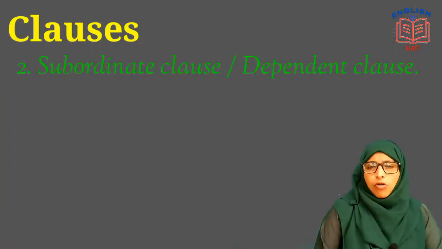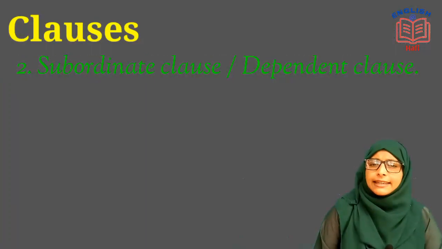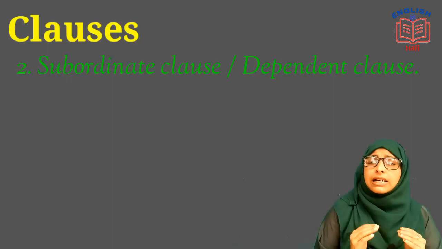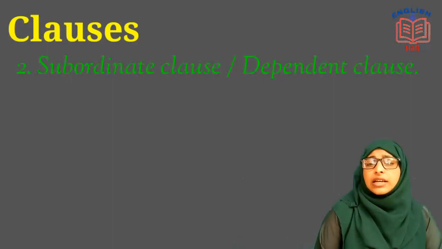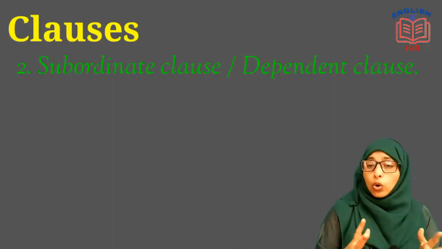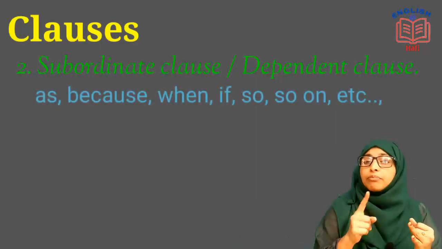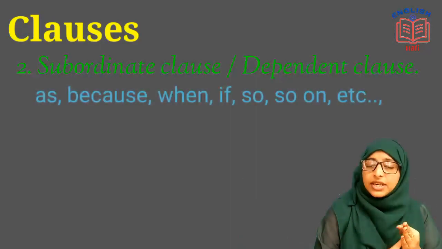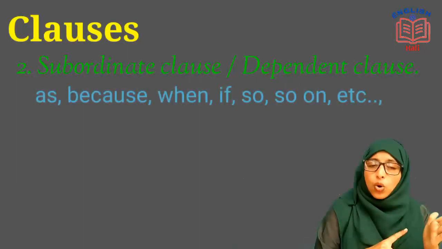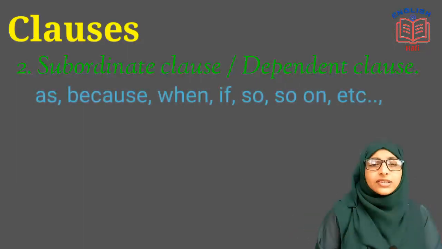The subordinate clause depends on the main clause to express a complete thought. Subordinate clauses are always joined by conjunctions such as as, because, when, if, and so on.